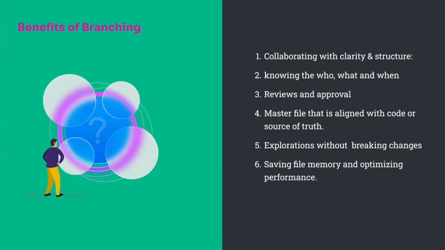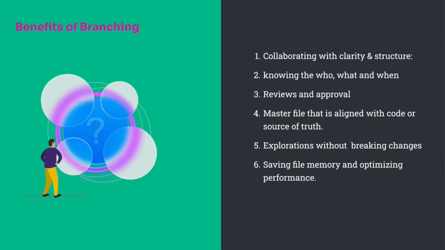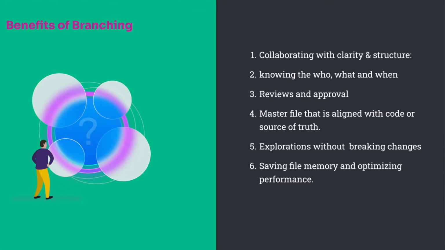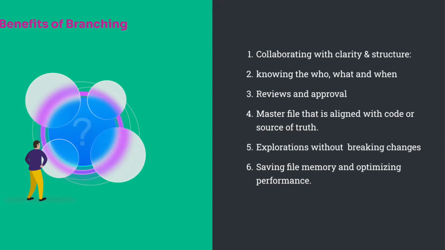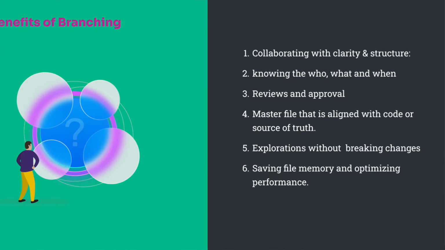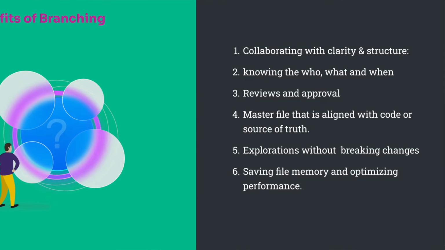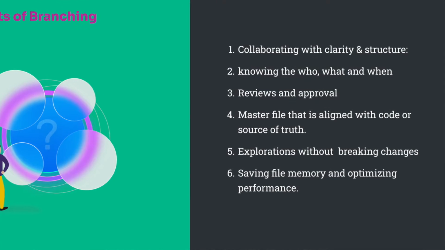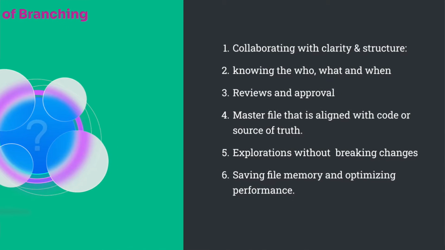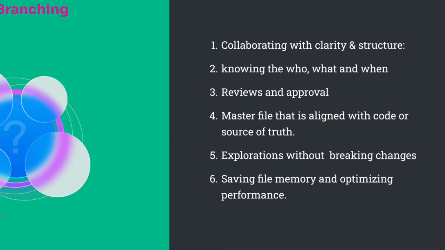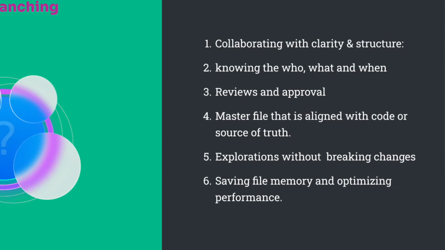What are the benefits of branching? First of all, branching allows you to collaborate with clarity and structure. It allows different teams who work in different time zones to collaborate asynchronously. You always know who did what, when. It allows you to have reviews and approval. It allows you to have a master file that's always aligned with the source of truth or your code.